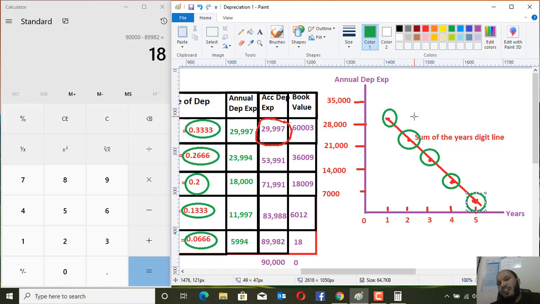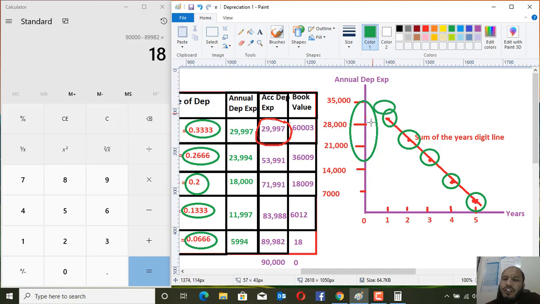So we may say that in the beginning years the company charged the highest level of depreciation expenses upon this asset, and the reason behind it is that at the beginning period the machinery is performing well, and when there is good performance, production is higher, and when there is higher production it will increase the profit and revenue of the company.